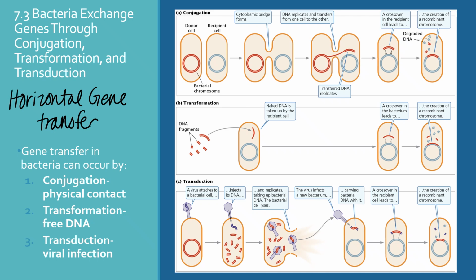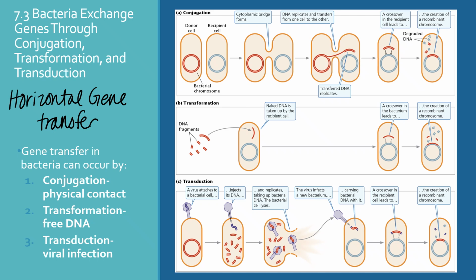And then we aren't talking about it here, but through the process of endosymbiosis, we get the transfer of mitochondrial and chloroplast DNA into what is going to evolve into the eukaryotic cell line. So evolutionarily speaking, this is a big deal. And for transmitting things like antibiotic resistance, bacterial gene transfer is still a big deal.